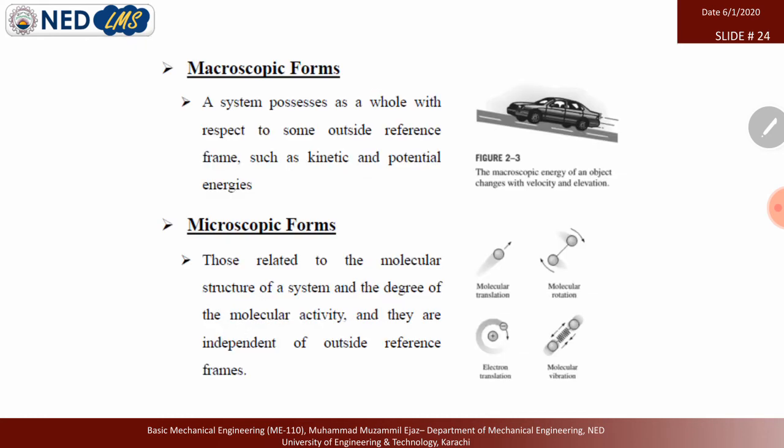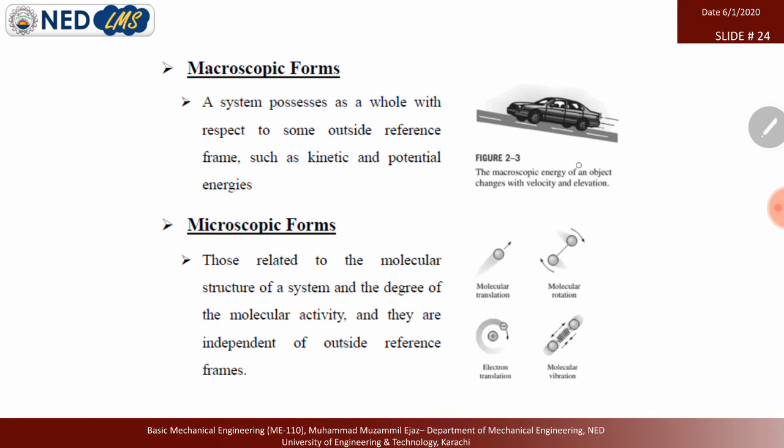So we have two forms of energy: macroscopic form of energy and microscopic form of energy. A system possessed as a whole with respect to some outside reference frame, such as kinetic or potential energy, is macroscopic form of energy. Like you are visualizing this energy, as shown in the car. If the car is speeding at some elevated height, when it goes to the top of the height, it gains all the kinetic energy as potential energy.